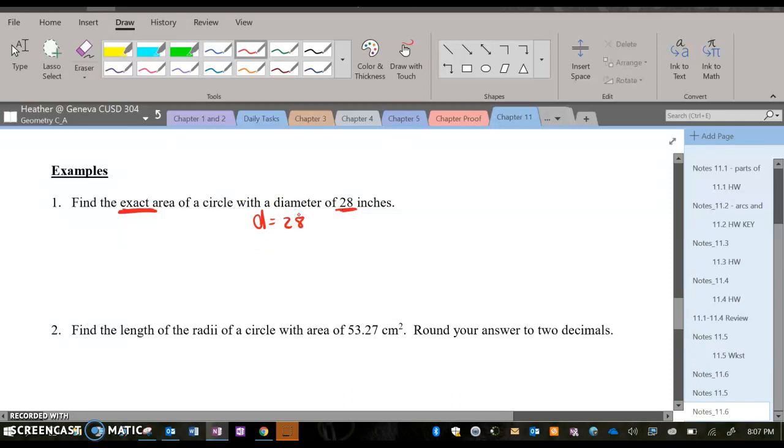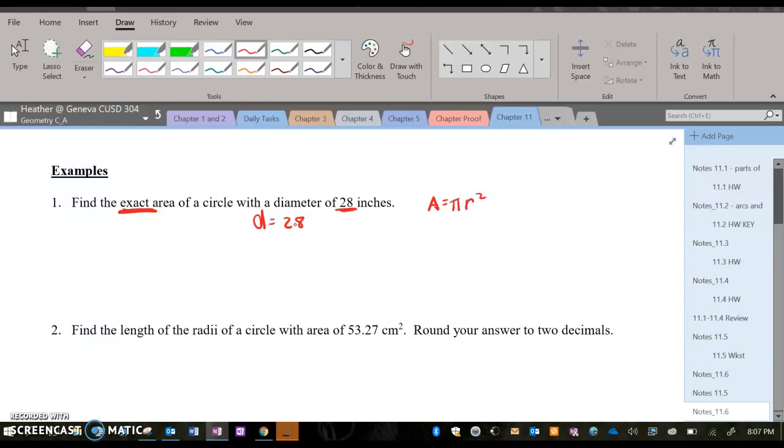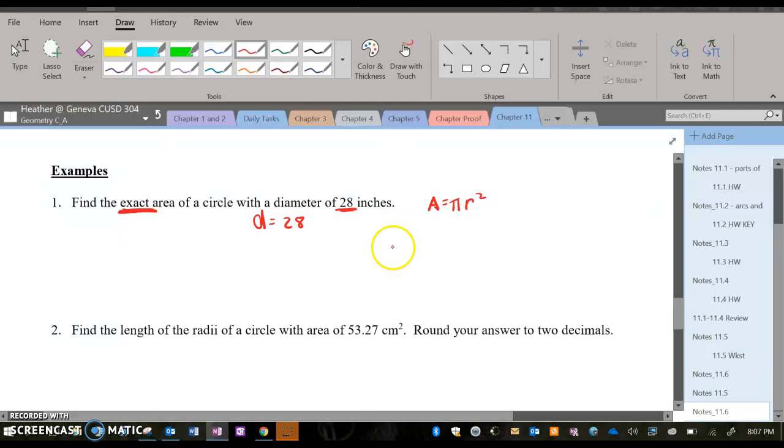We know that the formula for area is A equals pi r squared. And when we're doing this here, we want exact. So we have our diameter is 28, so our radius is 14. Right, so we'll divide that by 2 to get the radius.